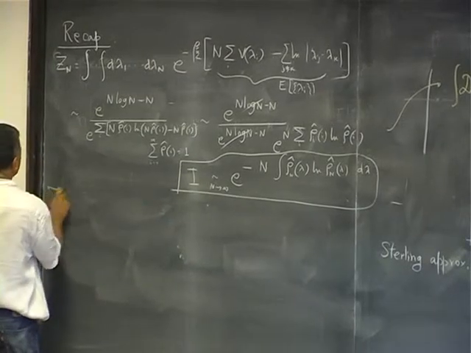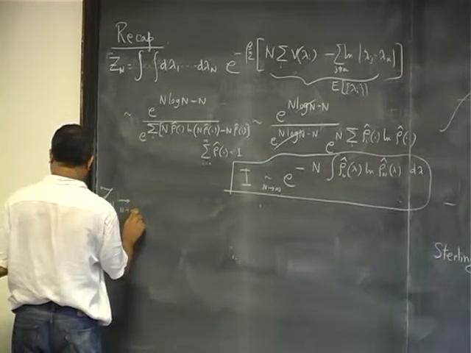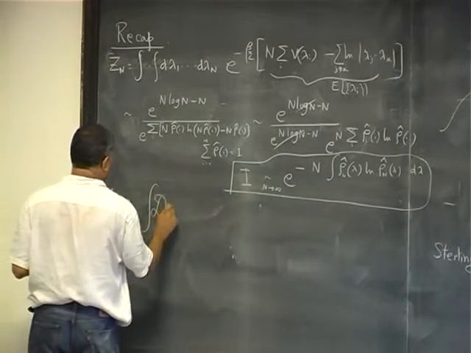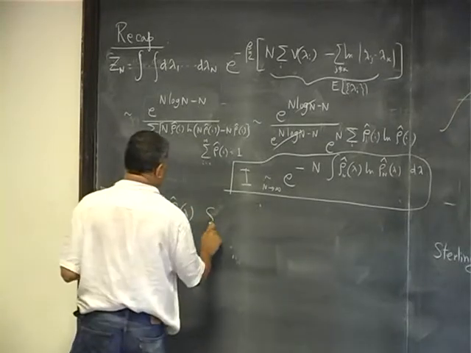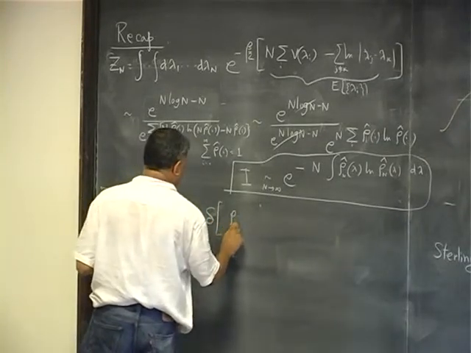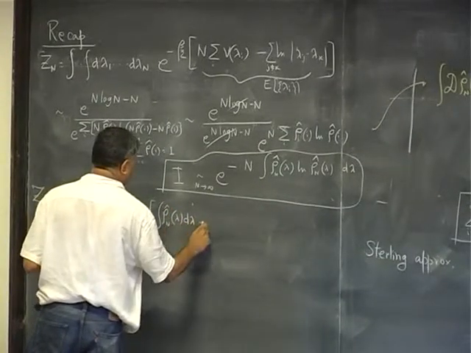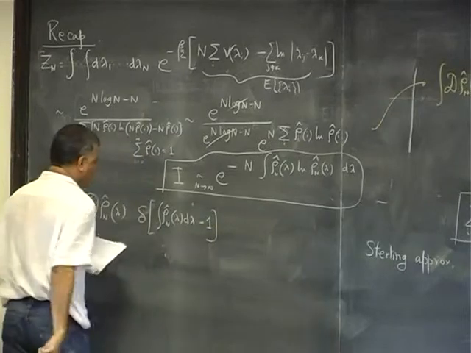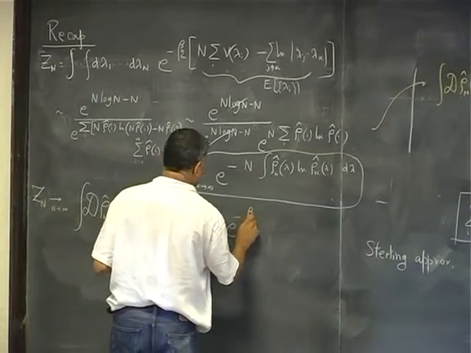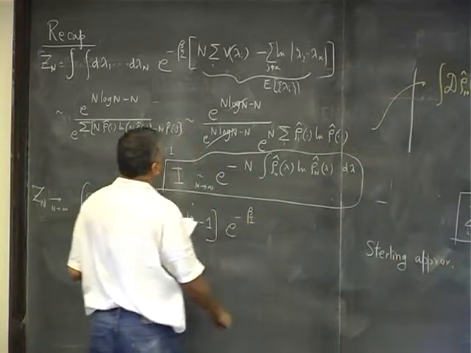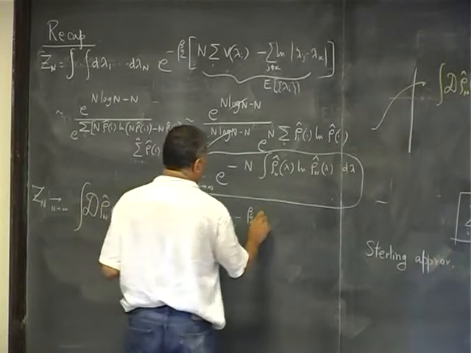So therefore my partition function Zn in this large n limit, after this so-called coarse graining, has this energy term, beta by 2 times the energy term.